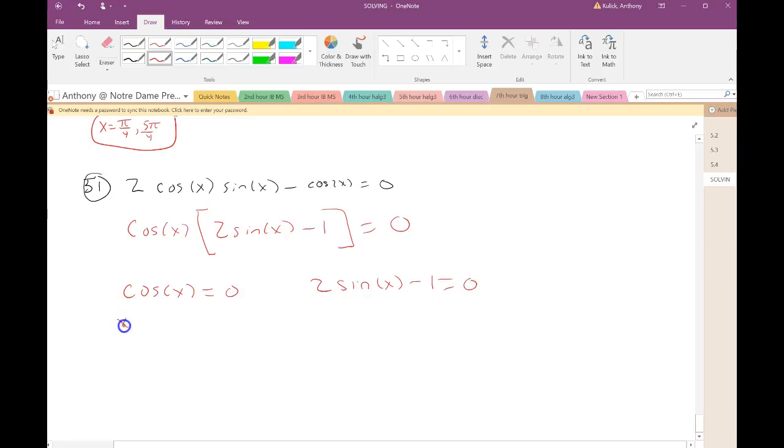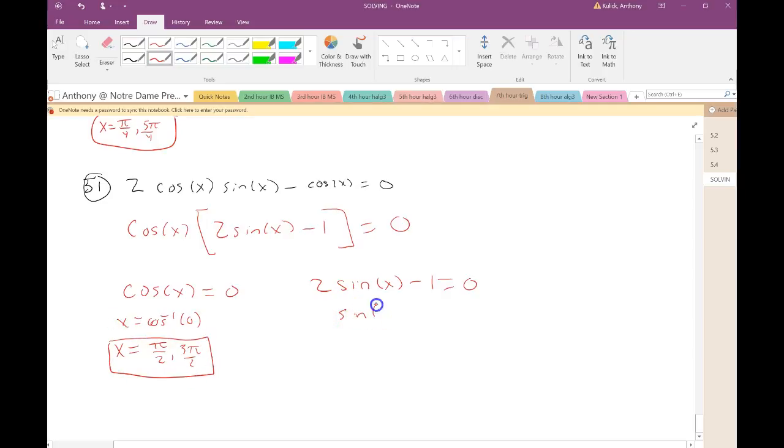To solve cosine x equal to 0, we can do the cosine inverse of both sides. And 0 is a unit circle value. When I look at my unit circle, I see that the x-coordinate is 0 at pi over 2 and 3 pi over 2.